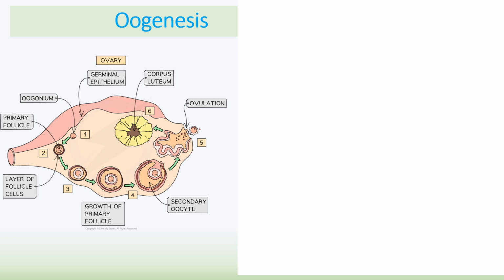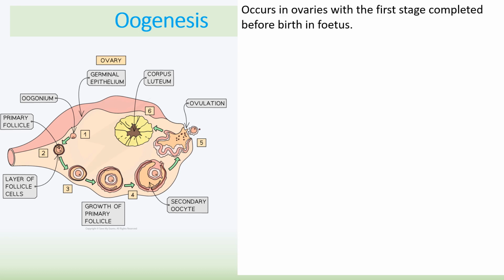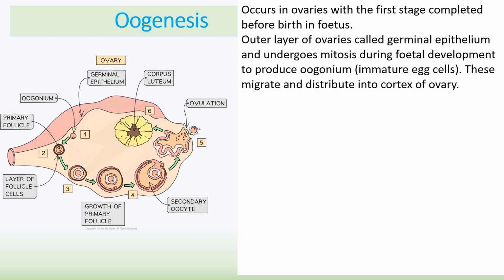Oogenesis in the ovaries is over a much greater timescale than sperm production in males. So what we have to be aware of is that this occurs in the ovaries in the first stage before the development of a fetus. And the outer layer of the ovaries, called the germinal epithelium, undergoes mitosis during fetal development to produce the oogonia, the immature egg cells.